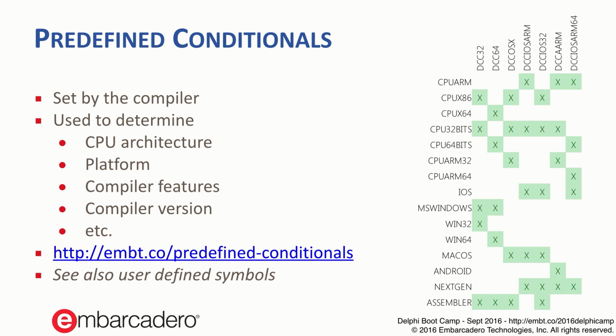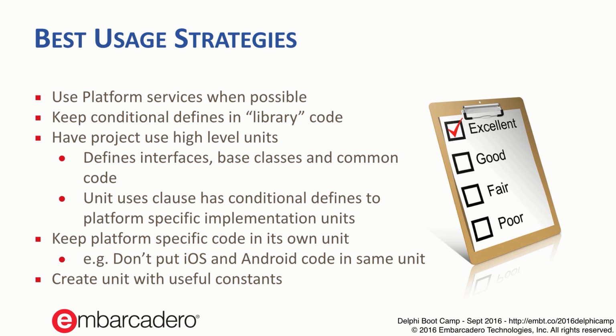So here's a list of predefined conditionals, and you can also have user-defined conditionals. That's something else to consider as well. I kind of alluded to this earlier, but generally your best usage strategy is to use the platform services when possible. That way you're not having different code compiled for different things, because platform services allow you to interrogate that platform and then get back those references as you need them.